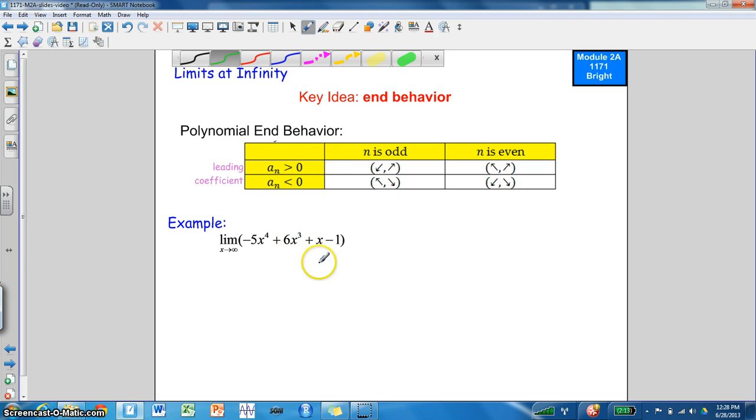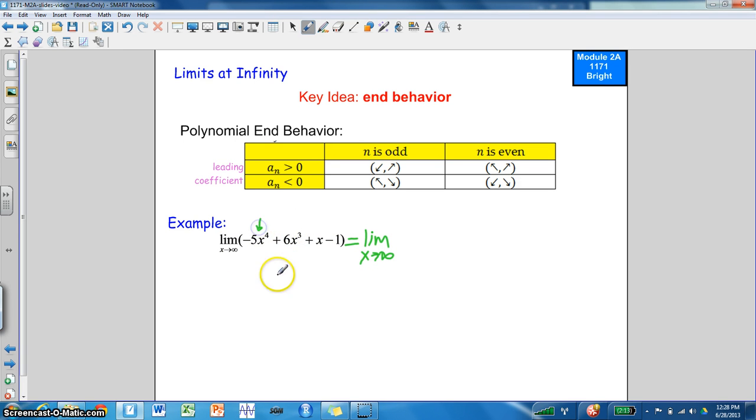So the value of this limit is equal to the limit as x approaches infinity of the highest degree term, negative 5x to the fourth.